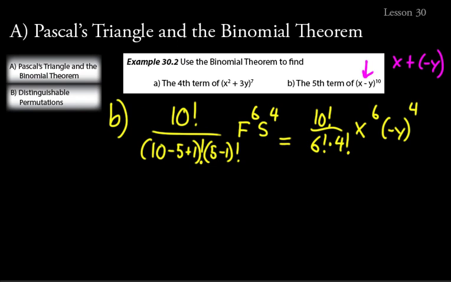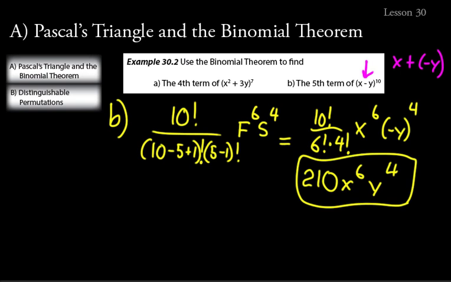But here it's just minus y to the 4th, which would give us an even power, a positive y for a result. So you could do 10 factorial over 6 factorial times 4 factorial on your calculator, or you can expand those out and cancel like the 6 factorials and things like that if you want to. You should get 210 x to the 6th y to the 4th.